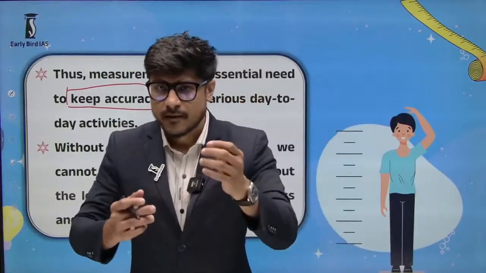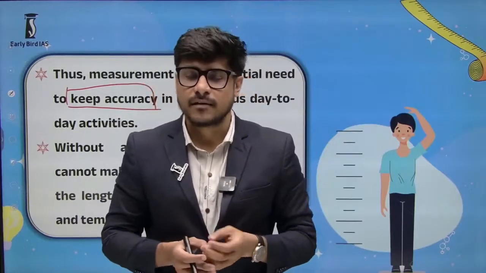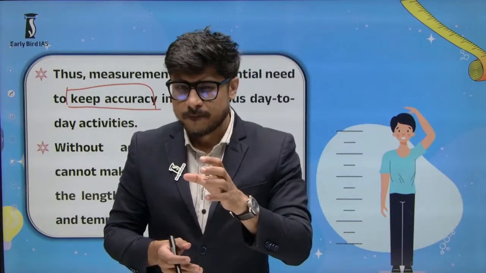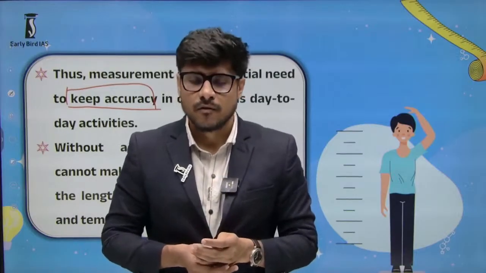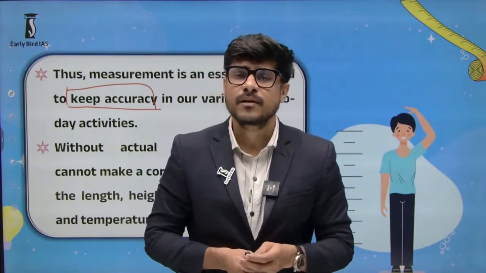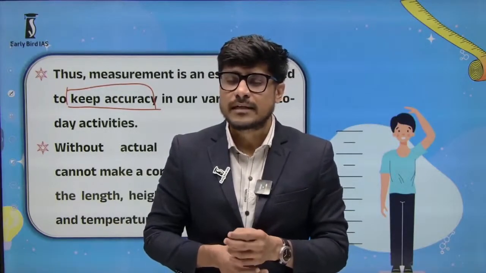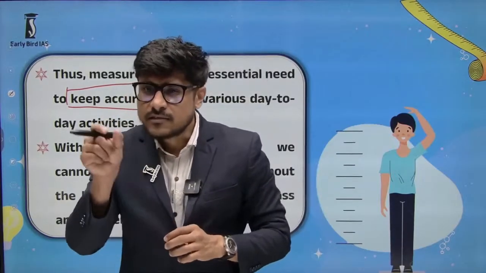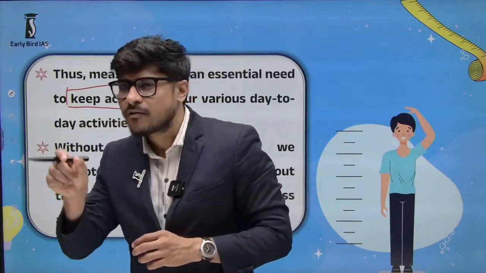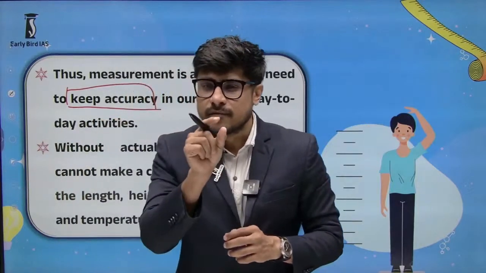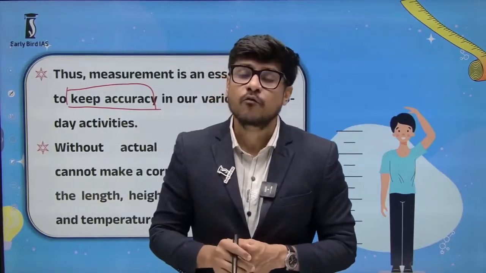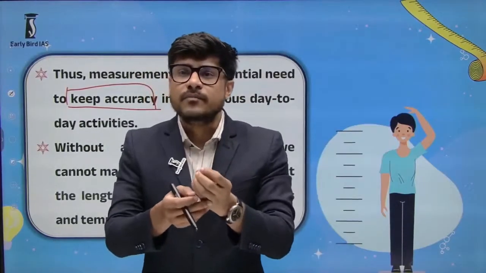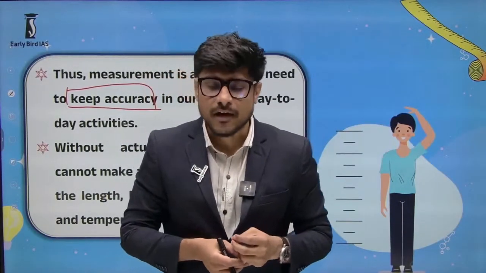For example, from the earlier example, if your mother tells you, my dear child, go to the market and bring me sugar, and she just says bring me 2 sugar, without kg or liter or any other unit behind that number, how will you judge how much quantity you need to bring home? Are you getting my point?